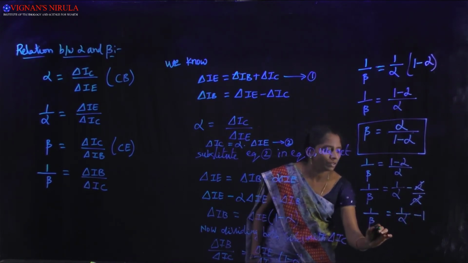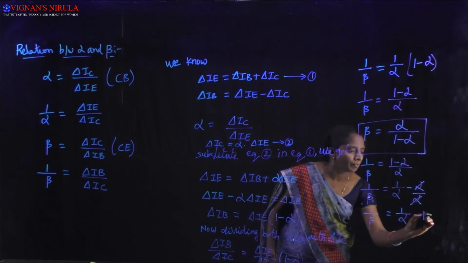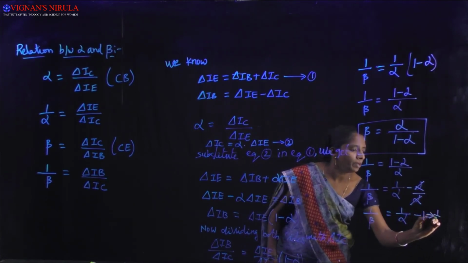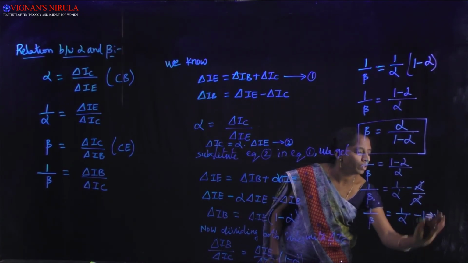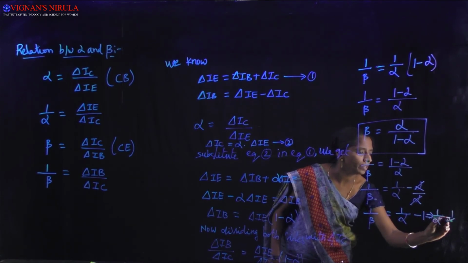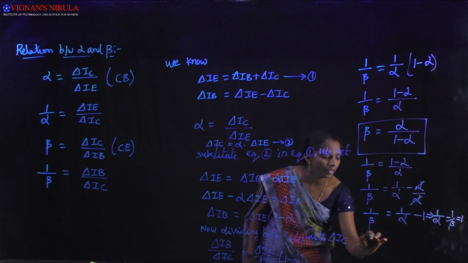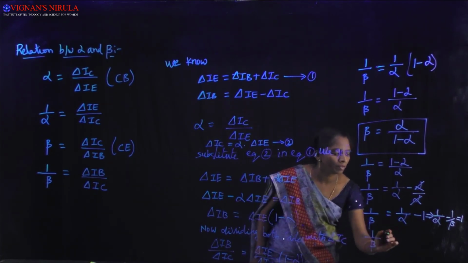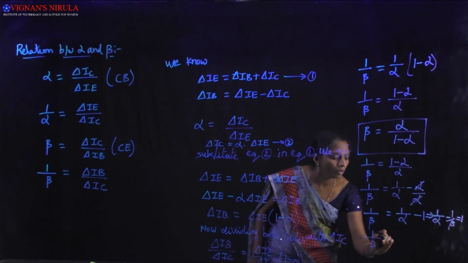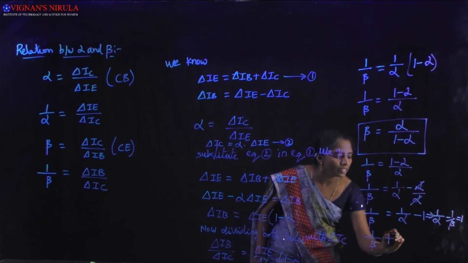That gives 1 by alpha equal to 1 plus 1 by beta.